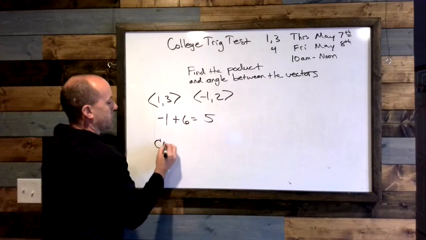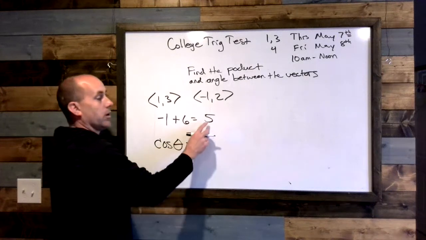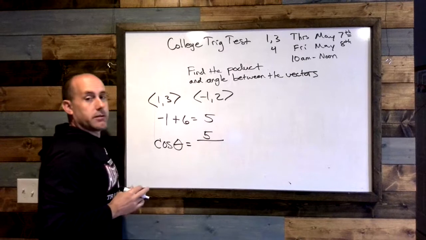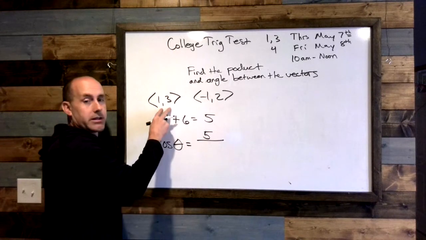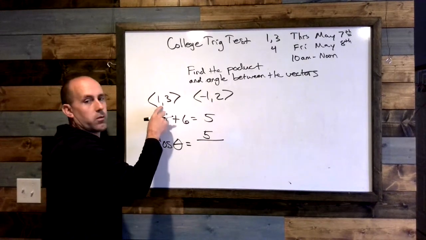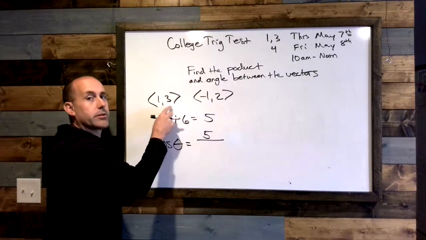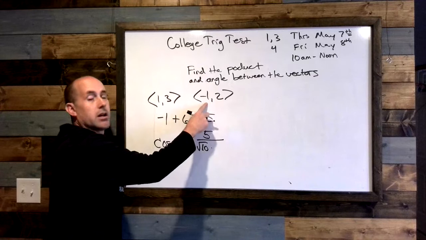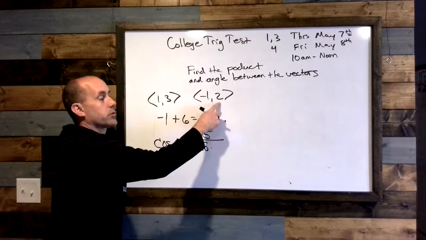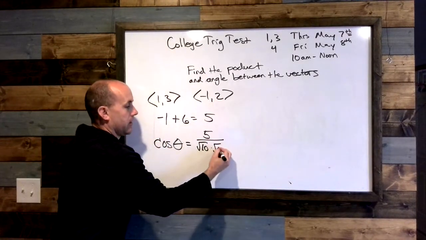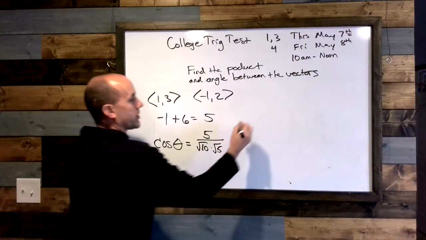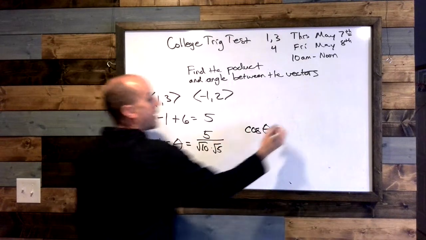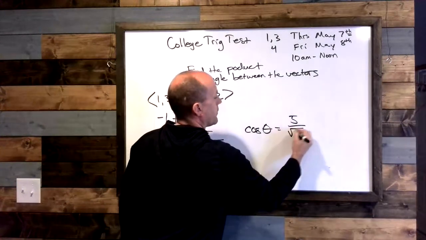Well, we set up cosine of theta is equal to the product divided by the magnitudes. Let's see, what's the magnitude of 1, 3? 1 squared is 1, 3 squared is 9, so it'll be the square root of 10, times the magnitude of negative 1, 2: negative 1 squared is 1, 2 squared is 4, that would give 5. So I have cosine of theta is equal to 5 over the root of 50.